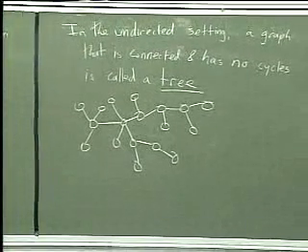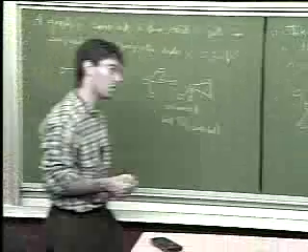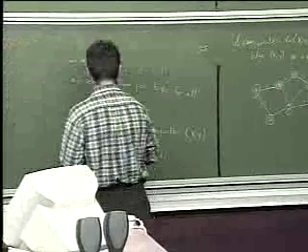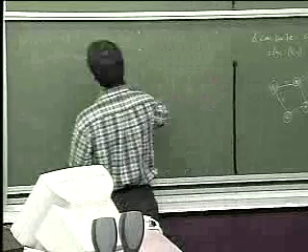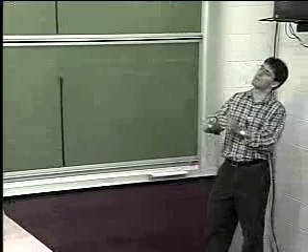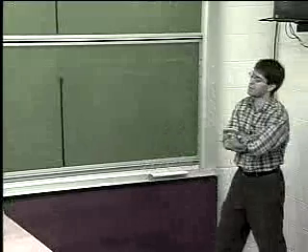Okay, how about proving that a tree with n nodes has exactly n minus 1 edges? I'm trying to think of the easiest way to prove this.